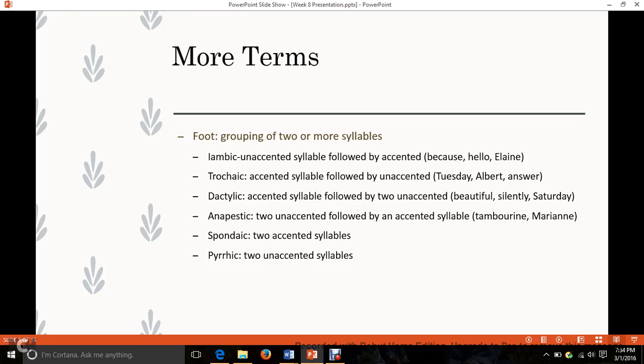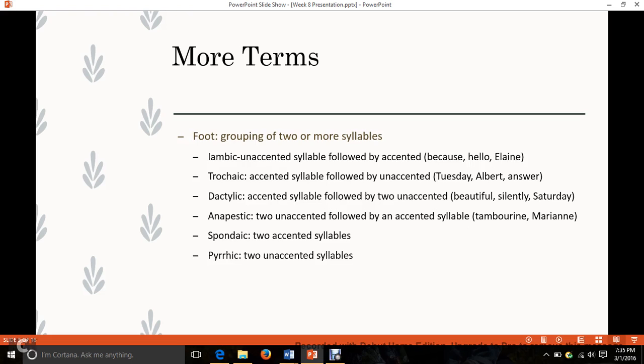And then meter has more to do with the individual syllables themselves. But a group of two or more syllables that are creating a pattern are called a foot. I don't really know why. It just is. And there are several different types of foot patterns or meters in poetry.